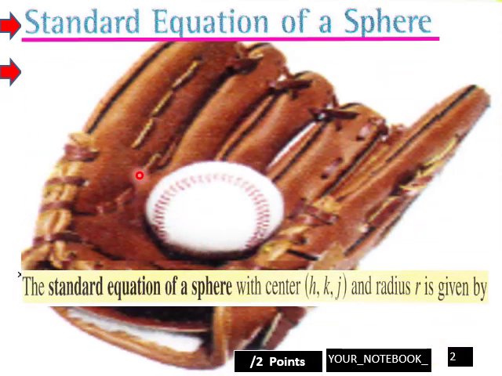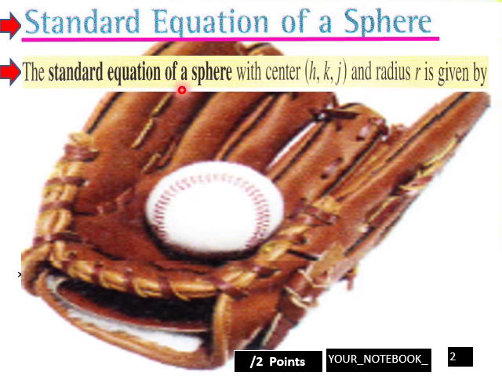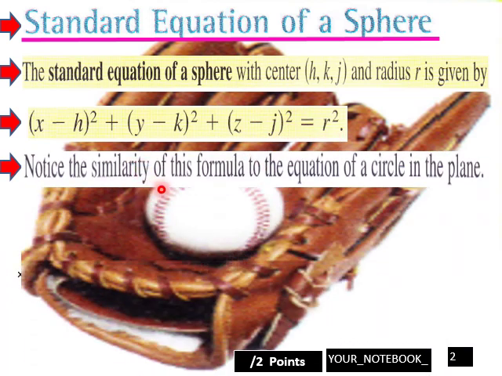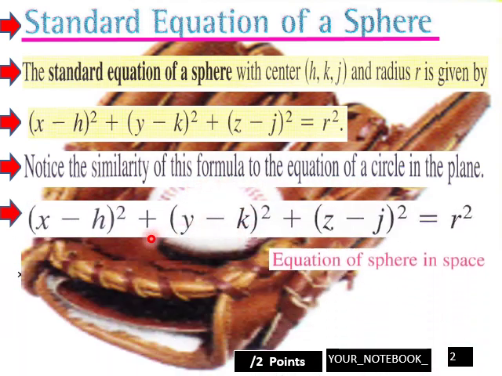Okay, so the standard equation of a sphere with center at h, k, and j and radius r is given by x minus h quantity squared plus y minus k quantity squared plus z minus j quantity squared equals r squared. Notice the similarity of this formula to the equation of a circle in the plane.